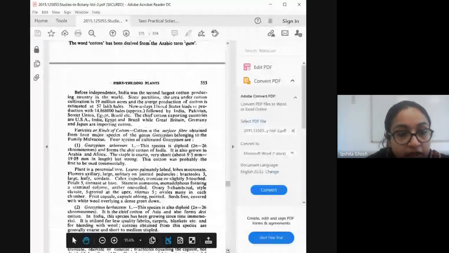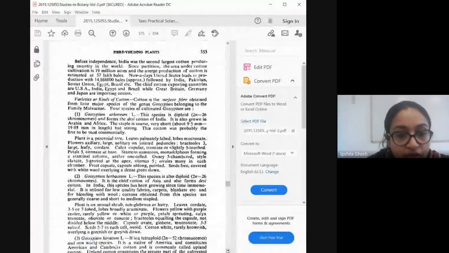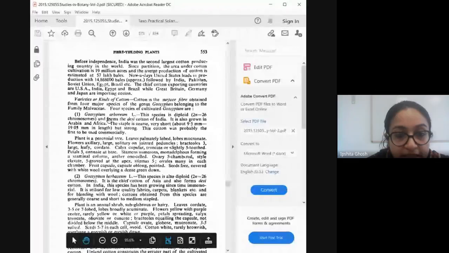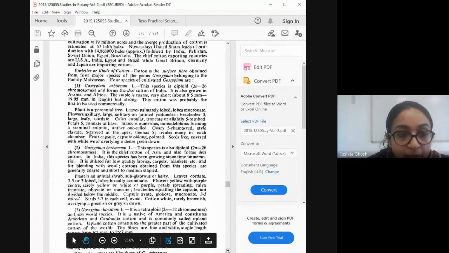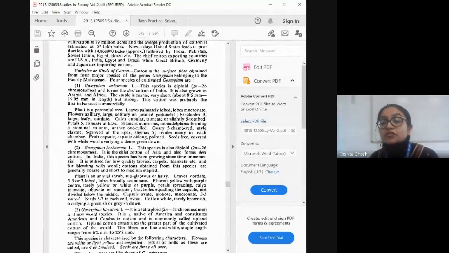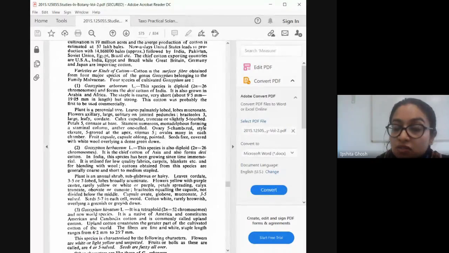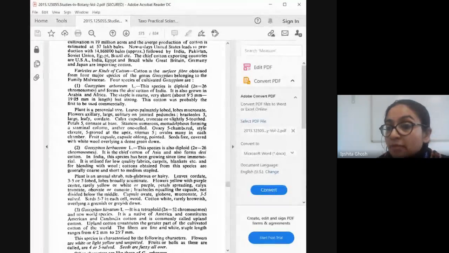Now we are not going into so much detail, but for you to know, there are four distinct species of cotton that we should remember. The genus is Gossypium. So cotton falls under the genus Gossypium, and it is under the family Malvaceae.